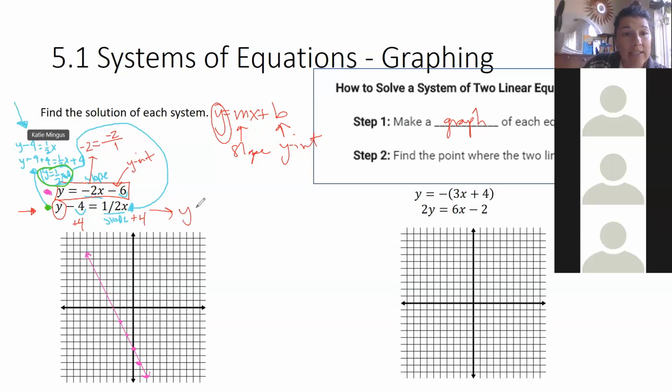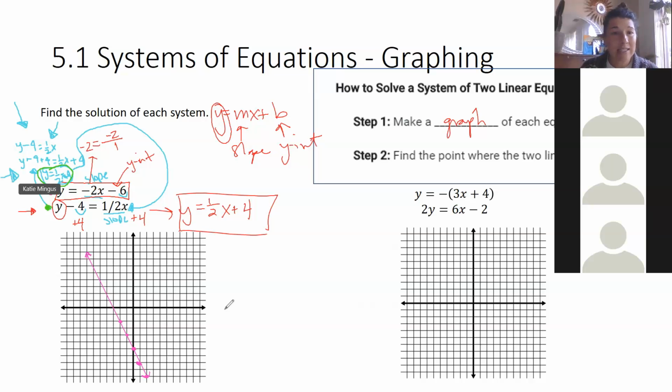And our equation is now y equals 1/2 x plus 4. Okay, now notice nowhere in the directions did it tell you that you had to do this. This is just something now that you're expected to know in order to graph a linear equation. It's best to put it in slope-intercept form.